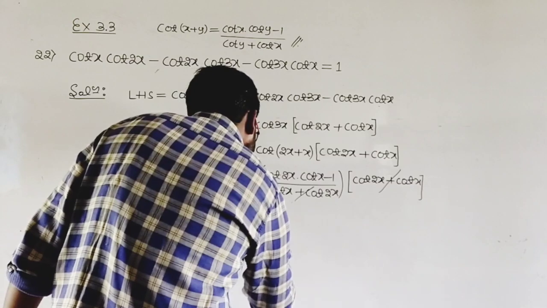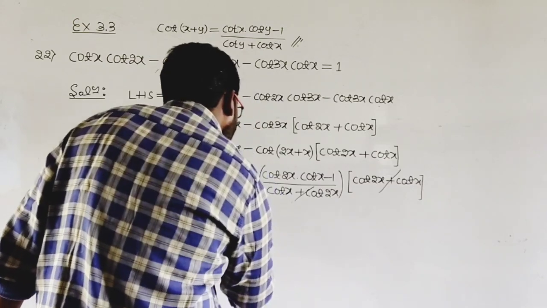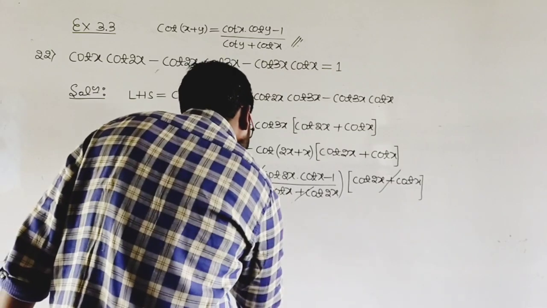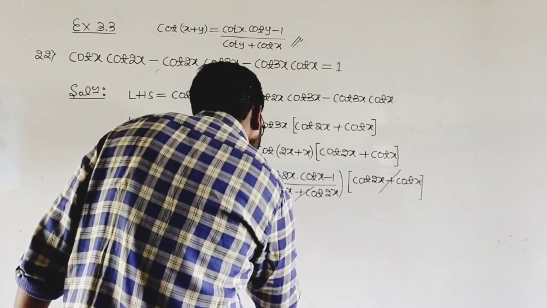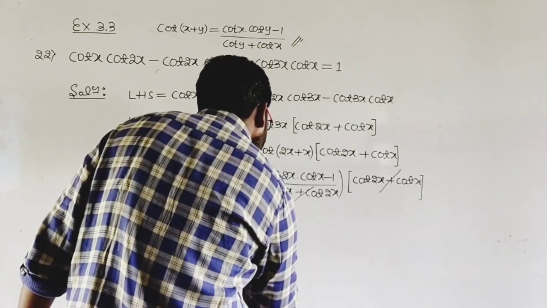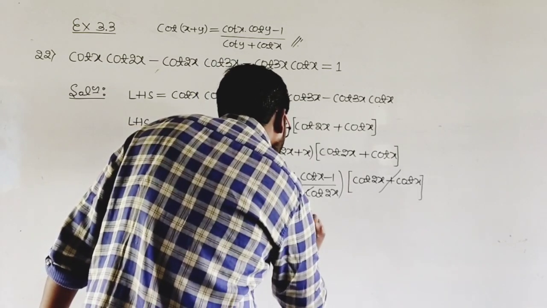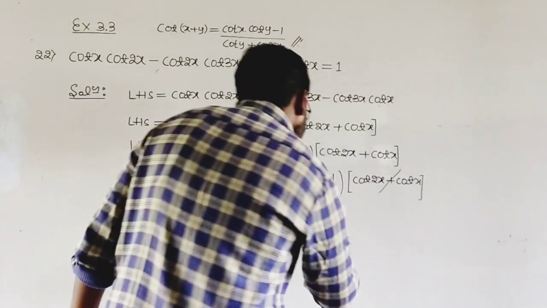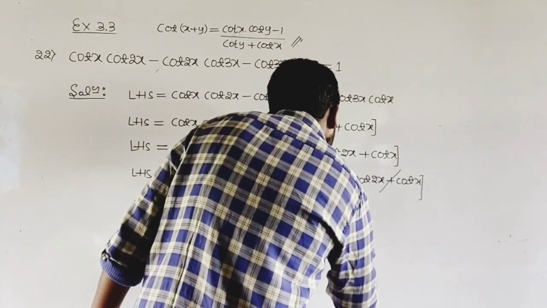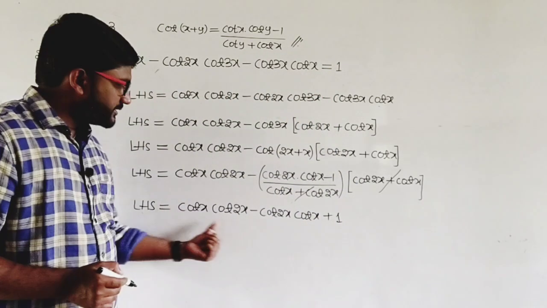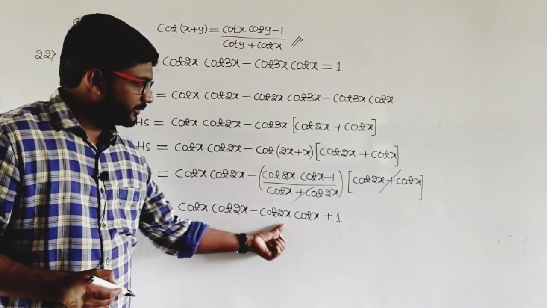We get minus cot 2x into cot x, then minus into minus is plus. It is plus cot x into cot 2x minus cot 2x into cot x.